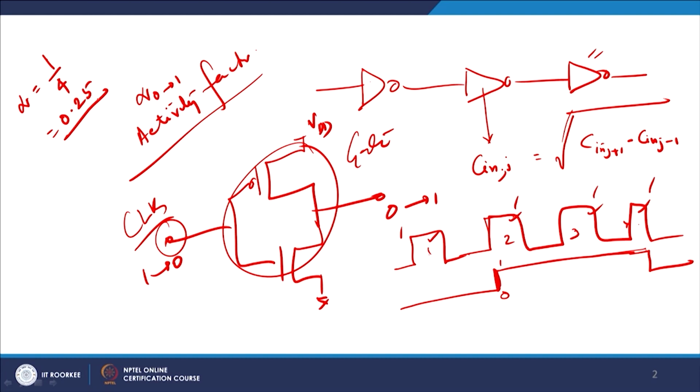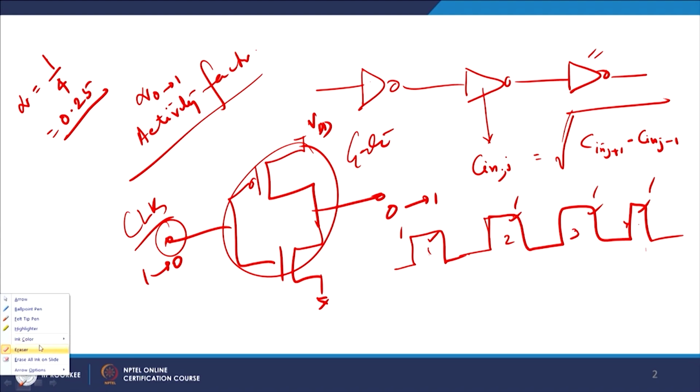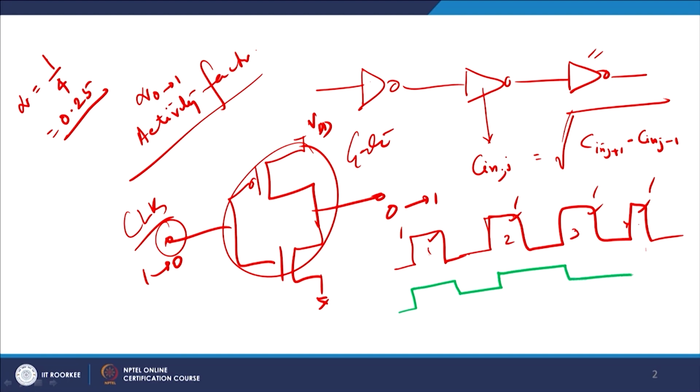Fine, have you understood? Similarly, let me erase this one and put it like this: you have the same clock, with 4 clock cycles, 1 2 3 4, but now rather than one 0 to 1 transition, you have 1 0 to 1 here, 2 0 to 1 here, and a third 0 to 1 here.